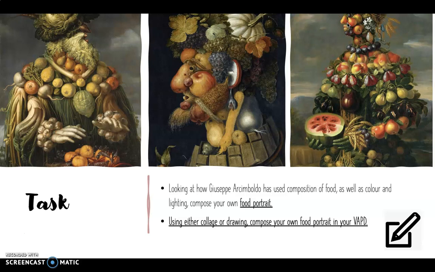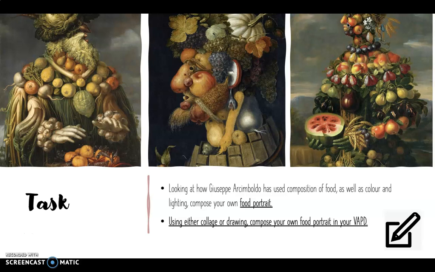Find someone or find an image online, look at a person, and then think of different pieces of food. It doesn't have to be fruit. It might be different sections of a sandwich. It's totally up to you. Either use collage, which I think would be easier and a bit more interesting, printing out pictures, cutting them out and composing them in a different layout, or you can draw it.